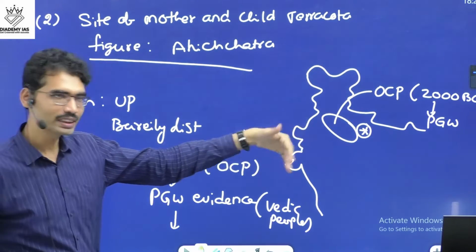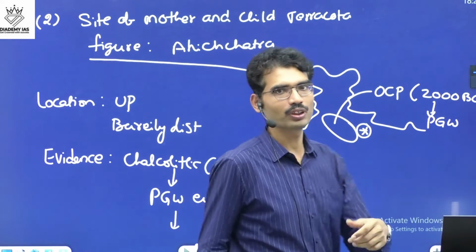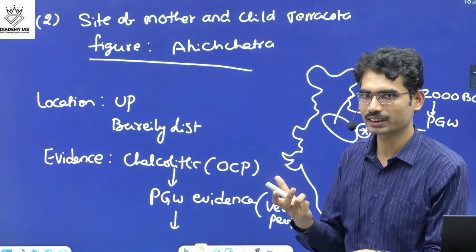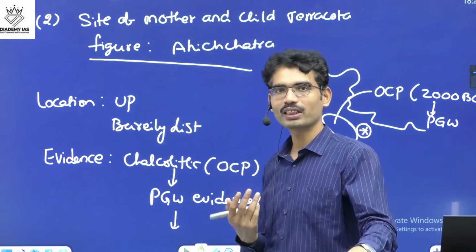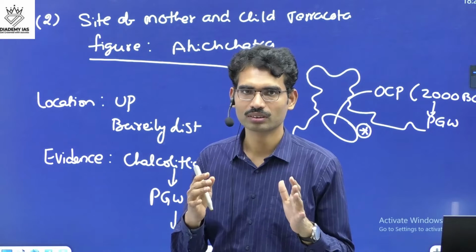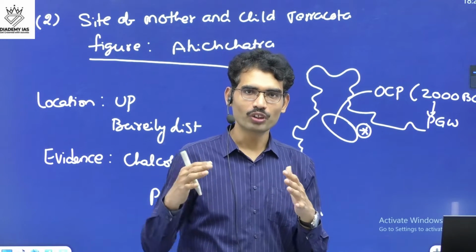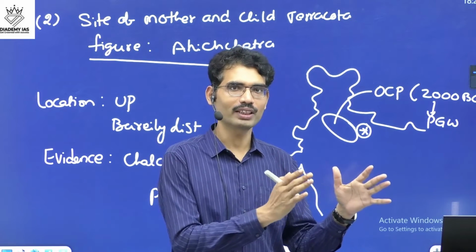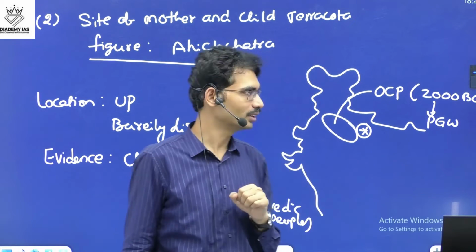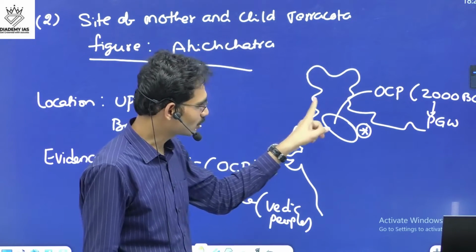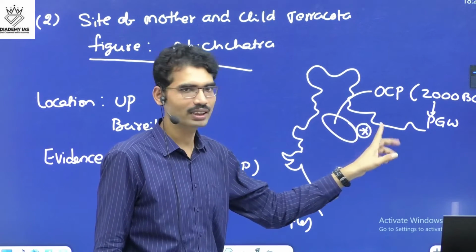Just you need to have this idea of how the sequence goes. Archaeologically, we know about Vedic people only through literature. How do we know about early Vedic people? We know these details from the early Vedic or Rig Vedic time period. But when it comes to the later Vedic time period, other Vedas are there.